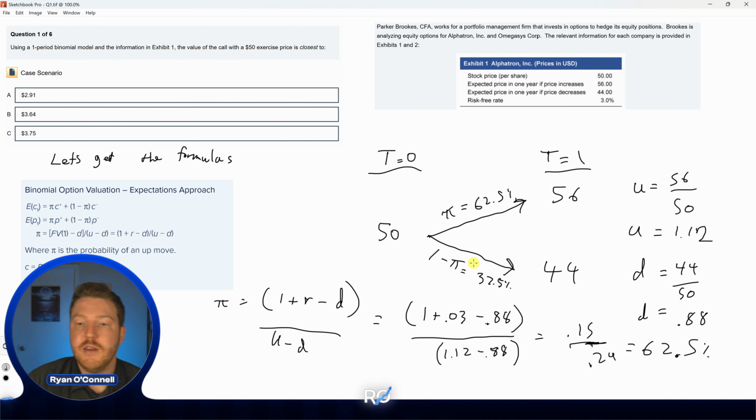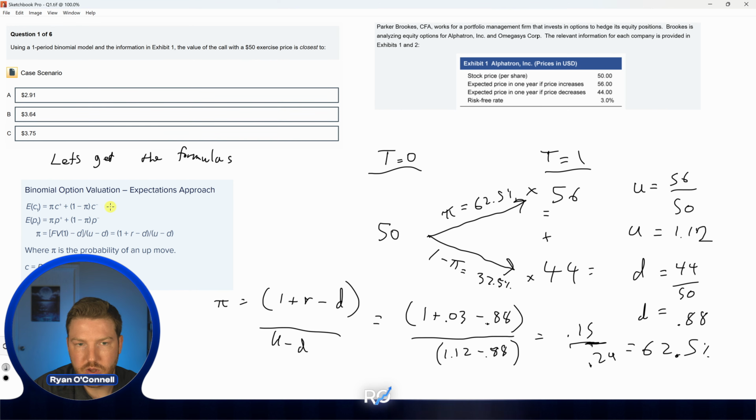Now that we have those, we can plug this into this expected future value of a call. We know there's this probability of this happening, so we multiply this times this to get some value, and then multiply this value times this to get some value, and then we sum those two together, which gives us a weighted average of the two potential values.